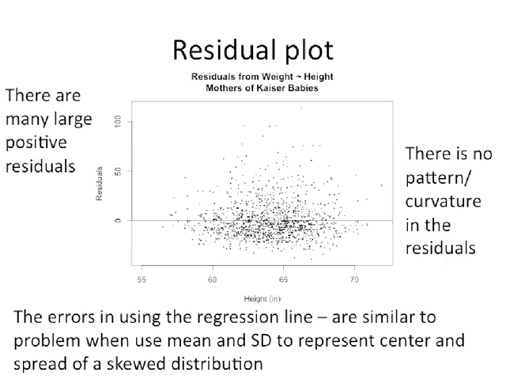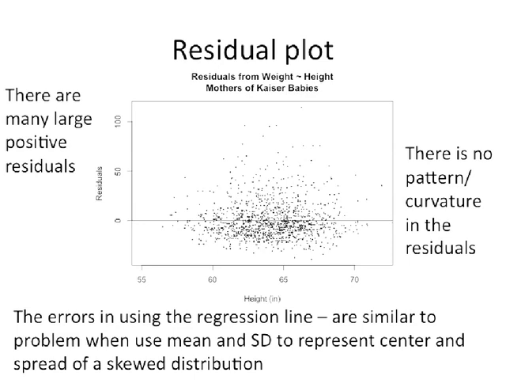So when we use a regression line to make our estimates, there's a problem, which is the same issue when we look at one-dimensional data and we take the center and the spread as the mean and the SD. We've got that same issue when we've got a long-tail distribution as we do here, which is that the SD isn't necessarily a good representative of the spread in this situation. However, there is no curvature or pattern in the residuals.